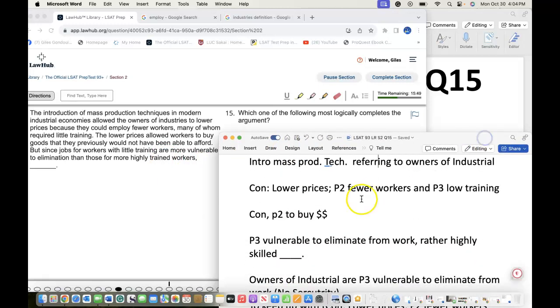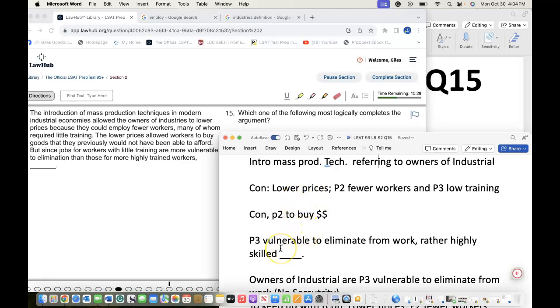So basically, it's saying the conclusion: the lower the prices, the premise: few workers, and those workers have low training. Conclusion: the few workers are able to buy goods because of this choice and how they chose to lower prices.